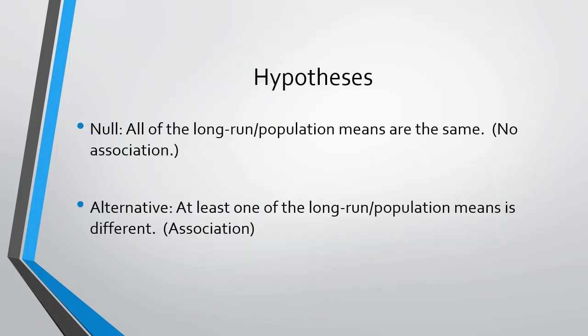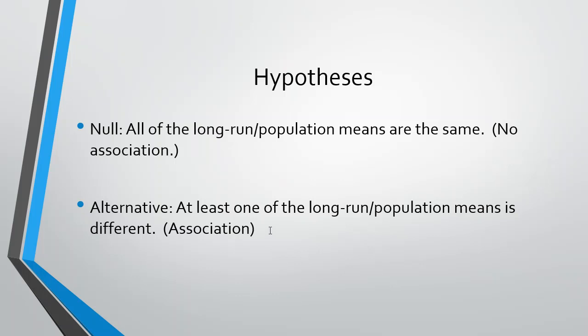All right, when you're setting up the hypotheses, it's going to be very similar to what we talked about in Section 1 of Chapter 9. The long run or population means are the same. Either they're all the same, or there's no association between the explanatory variable and the response variable. Or at least one of them is different. And so the F statistic that we're talking about, this ANOVA test, what it's going to do is find out, do we have evidence that all of these means are the same, or do we have evidence that at least one of them is different?